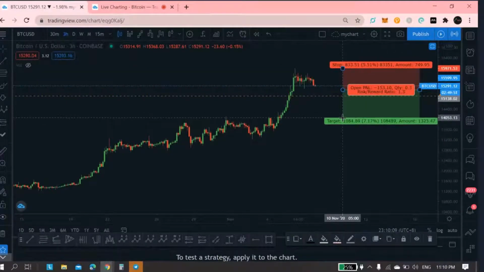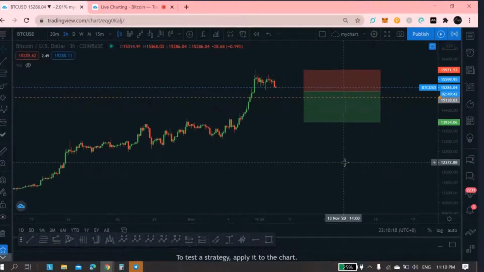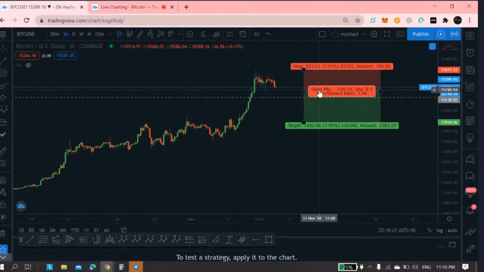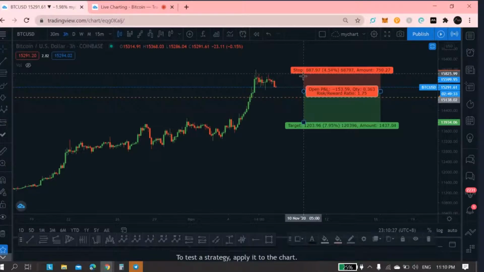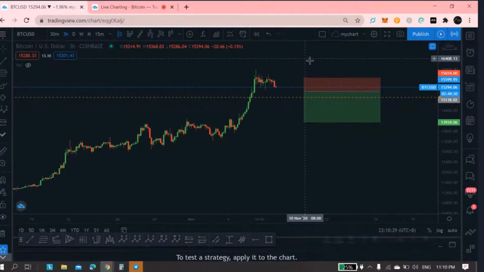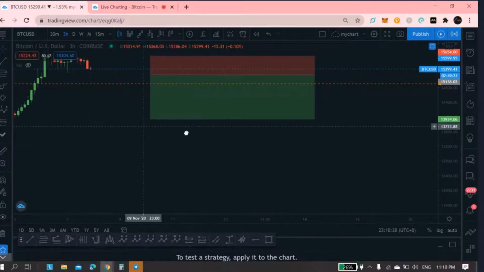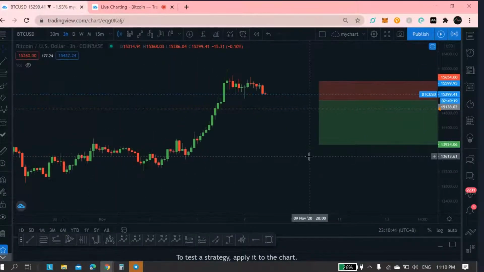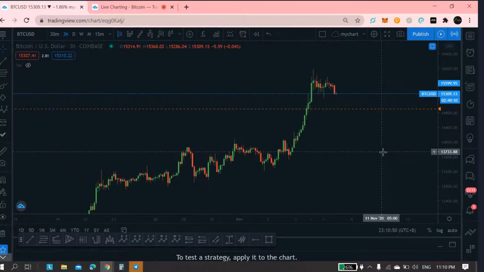And possibly this one. Oh, my entry is there, and I will use this one. So I'll just wait for my alarm anyway. Let's see how it goes for BTC.